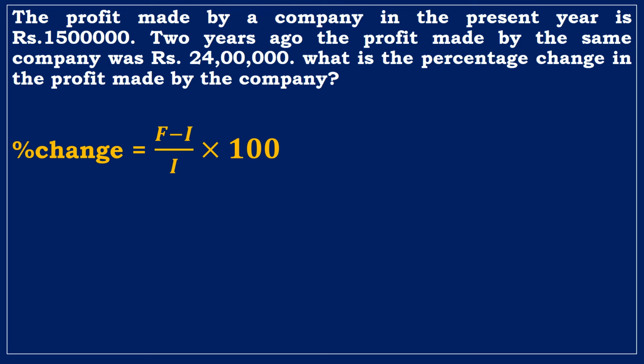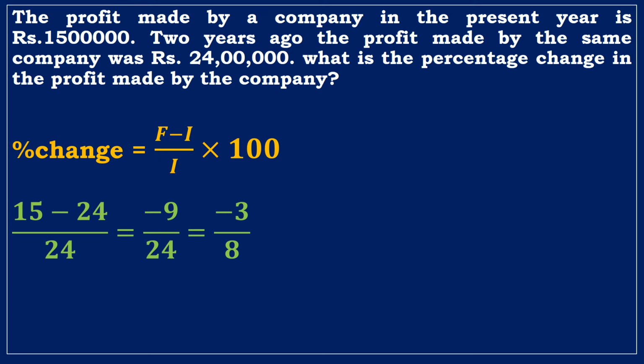Percentage change is the ratio of the difference between the final value and the initial value to the initial value. In other words, the percentage change is equal to 1,500,000 minus 2,400,000 divided by 2,400,000 into 100.